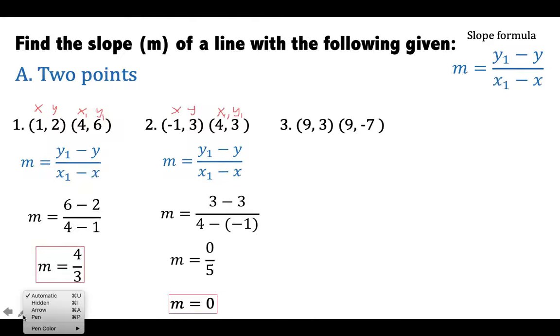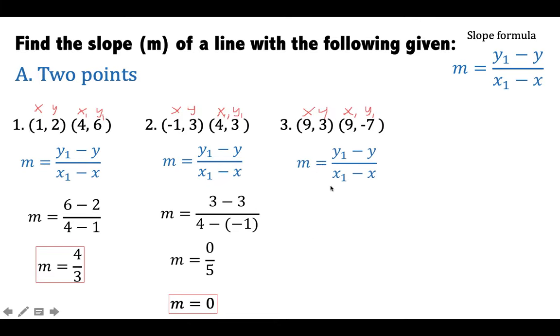For number 3, we'll just do the same process. x over y, then we have another x over y. So this will be my x sub 1 and y sub 1. If you want to try this as your x sub 1 and y sub 1, just check it and you will still get the same correct answer.